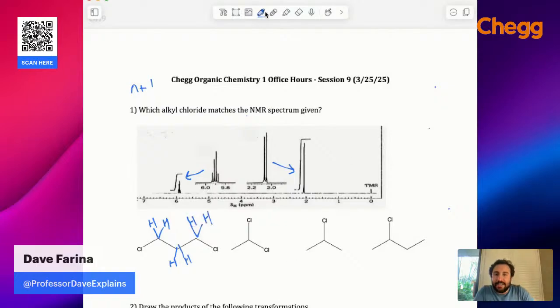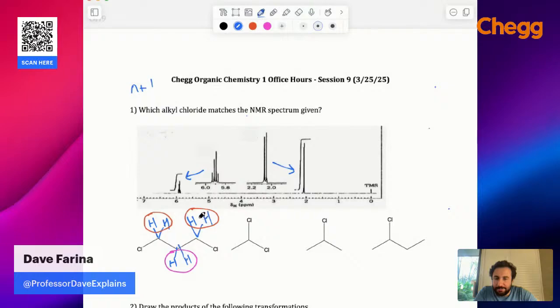So how many resonances would we expect to find? Where are the chemically equivalent protons? Due to the symmetry of this molecule, all 4 of those are one resonance, and these 2 are another one. So we would expect to see 2 peaks.